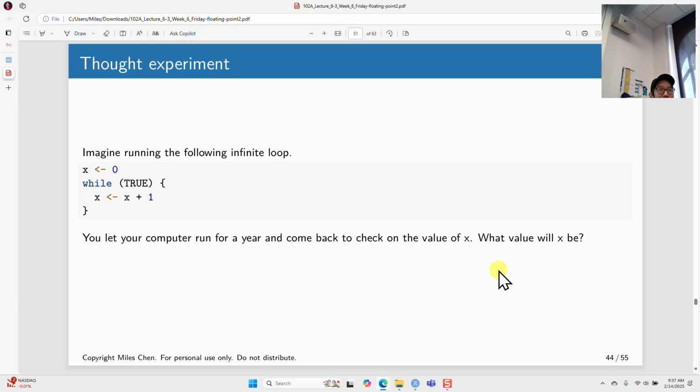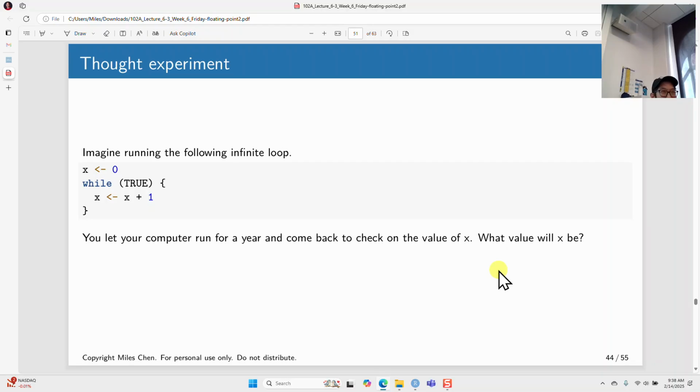Do you think it will have reached infinity, because in floating point we can get to infinity? Or will it reach double max, the largest non-infinity number we can represent? Or what do you think will happen?